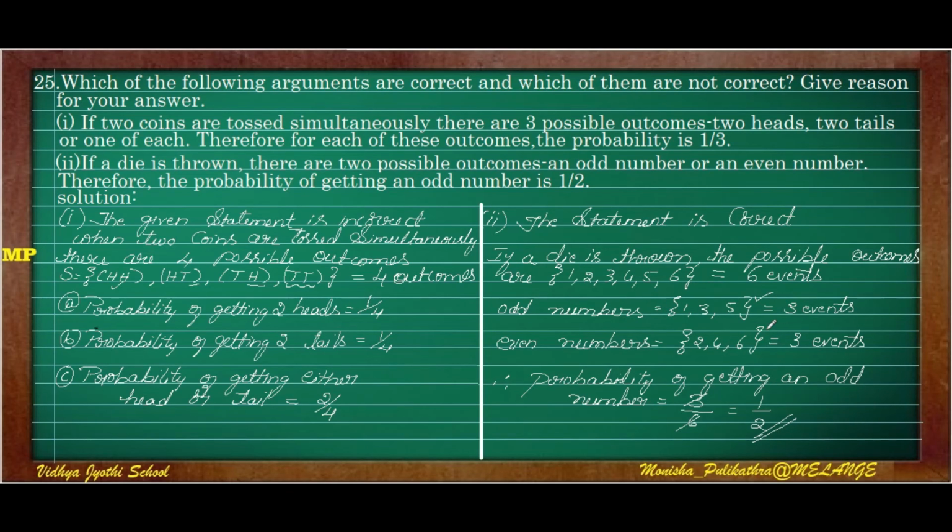The probability of getting an odd number is 3 by the total number of events, 6, which is 1 by 2, as they have given here. So 1 by 2 is proved, and this second statement is correct. I hope you understood this.